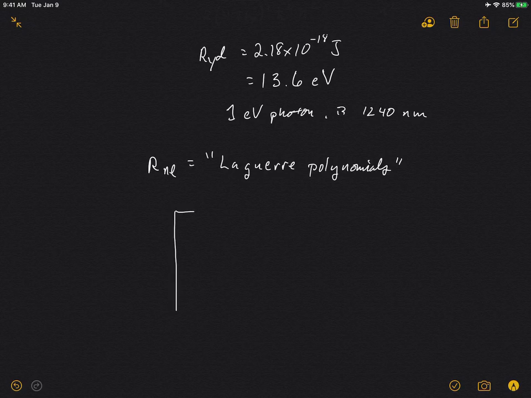Typical energy level diagram, we plot it a little bit differently in that we're going to have energy equals 0, and then maybe our first energy level is going to be at minus a Rydberg, and that corresponds to n equals 1. And then for n equals 2, it's going to be minus Rydberg over 4. So it's going to be roughly up here.